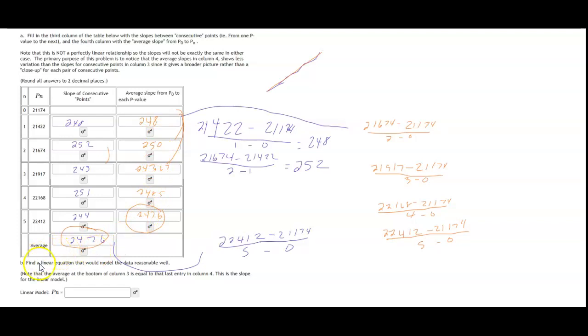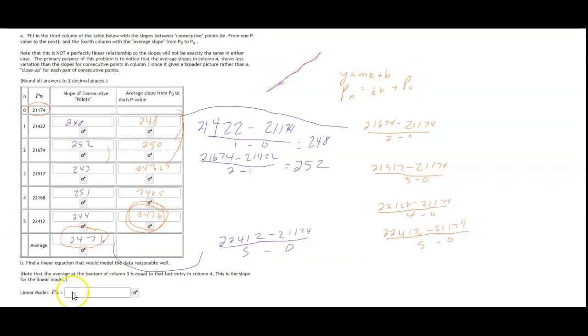Now, the next part of this says to find a linear equation that would model the data reasonably well. Well, I'm going to say the best slope I could give for that is probably 247.6, and the initial value p sub 0. If you remember, we have the equations. We often use y equals mx plus b, but we also use p sub n instead of y. Instead of m, we use d. Instead of x, we're using n, plus p sub 0.